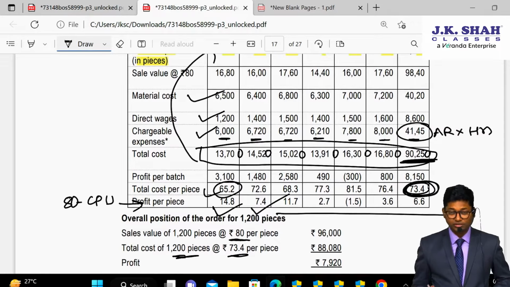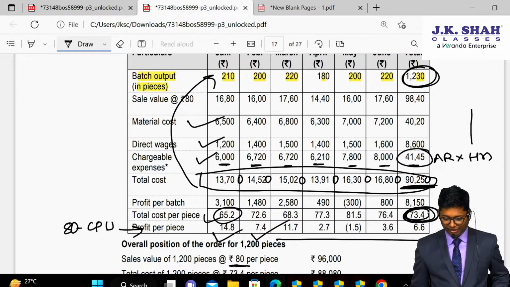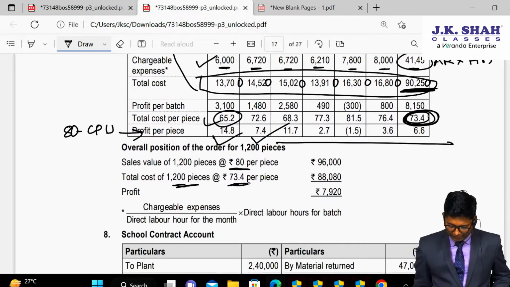Your total cost horizontal is 90,250. When you divide by total number of units, 1230, you are going to get 73.37 approximately, that is 73.4 is calculated, and after that, that is simply multiplied with the 1200 pieces, and finally profit for all 1200 pieces is computed.